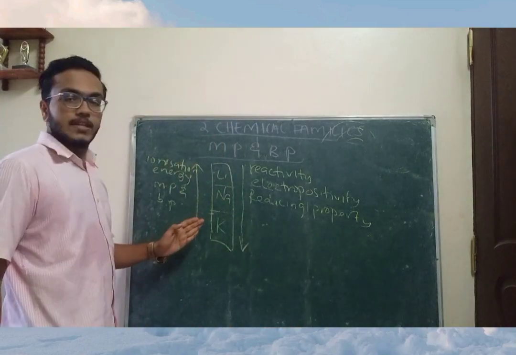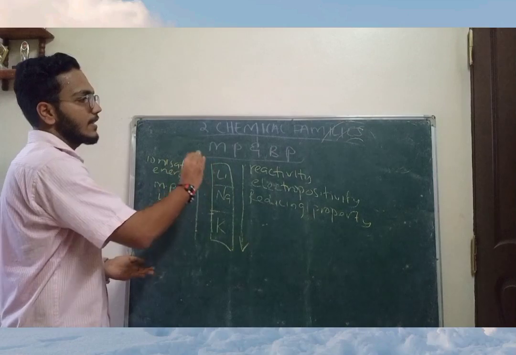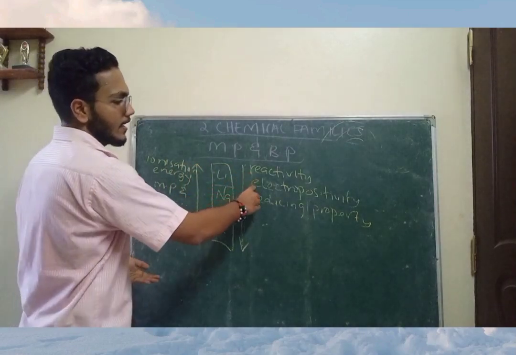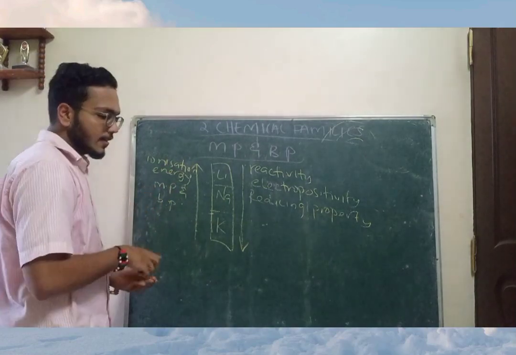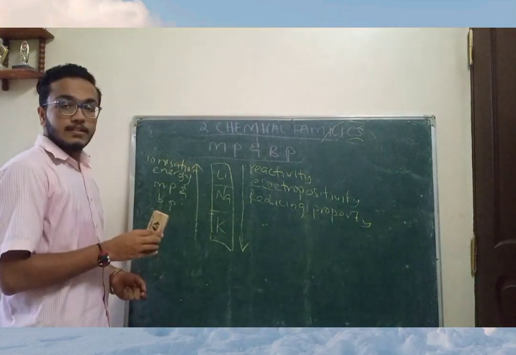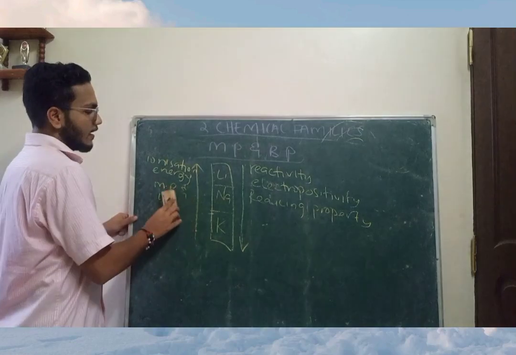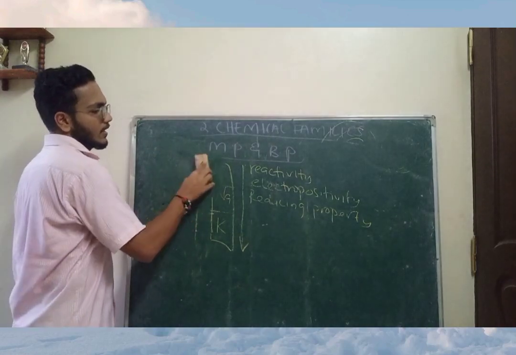Physical properties are yet to come. These are just the areas discussed: reactivity, electropositivity, reducing property, ionization energy, melting and boiling points of alkali metals, the trend in the group. Now we go to physical properties of alkali metals.